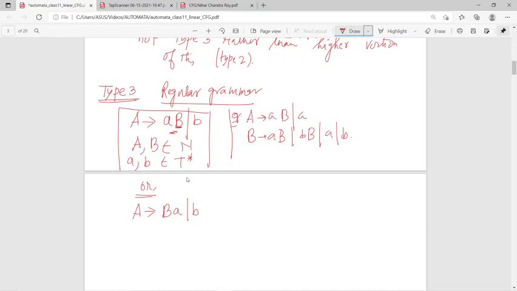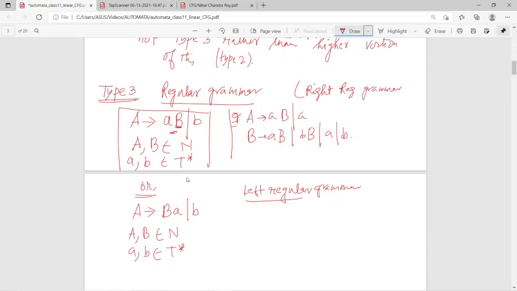In that case, A and B belong to N, and small a belongs to terminals. So you can name it left regular grammar, or right regular grammar.